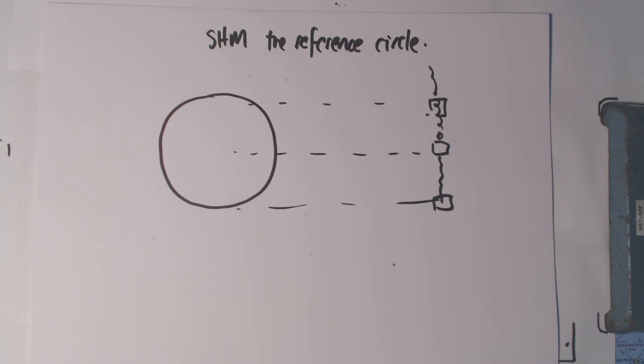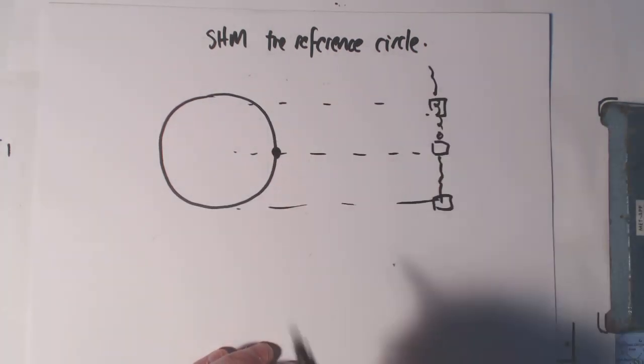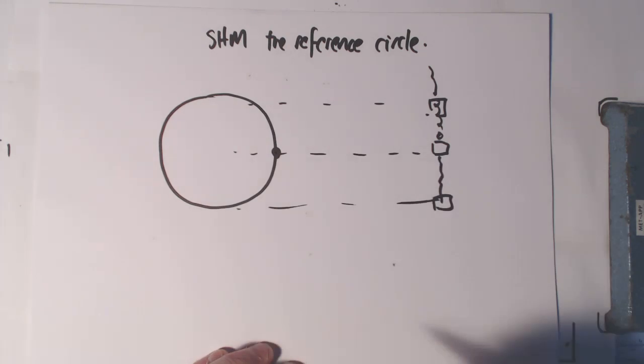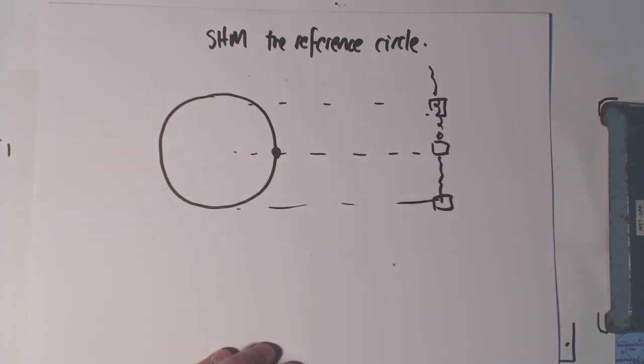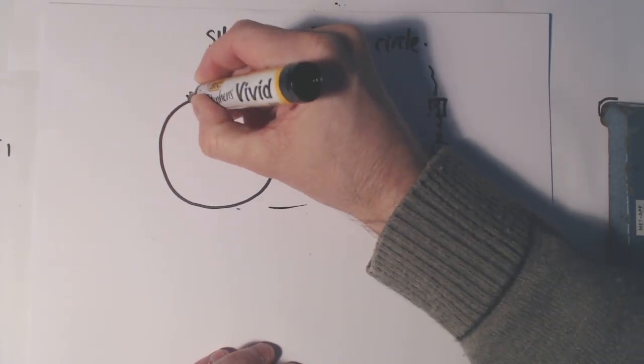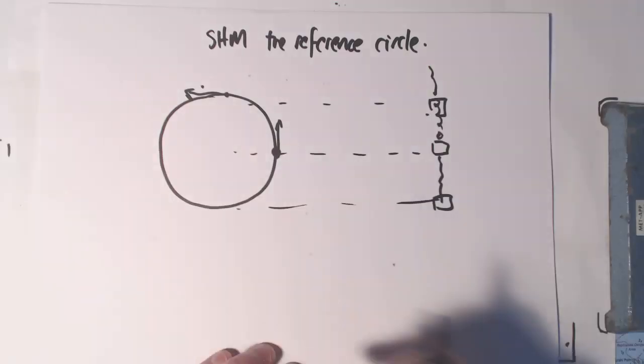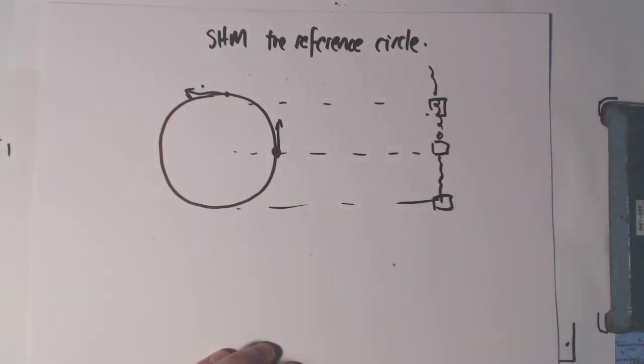The funny thing is that if we were to have an object going in a circle at a constant speed, then it's going in a circle, and this is bouncing up and down.